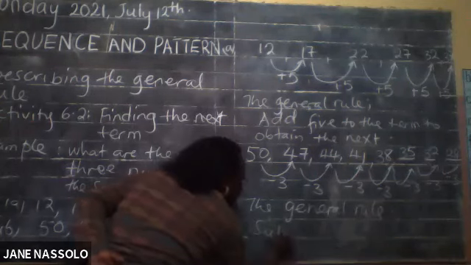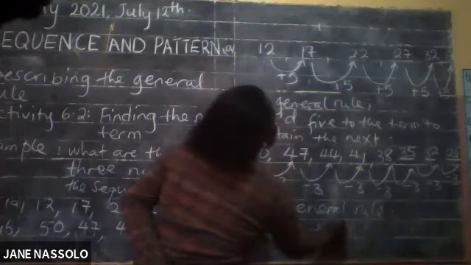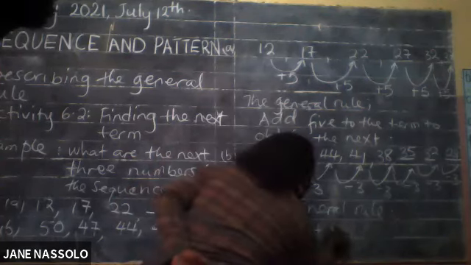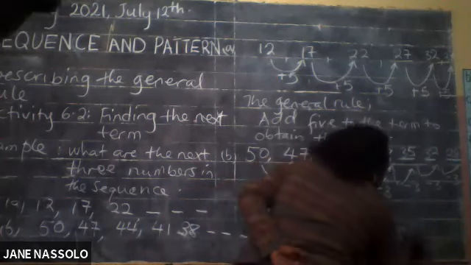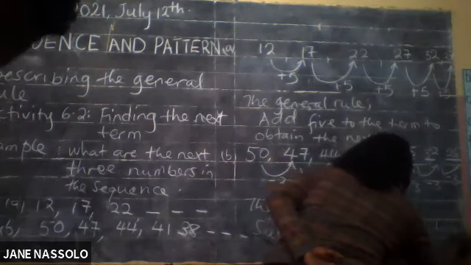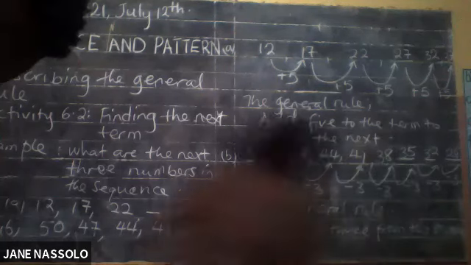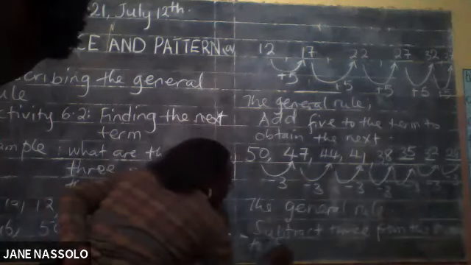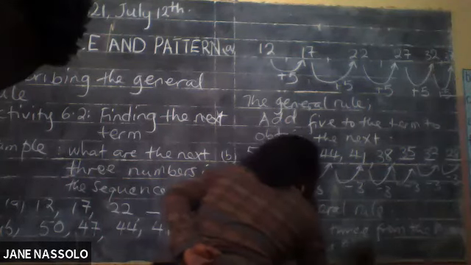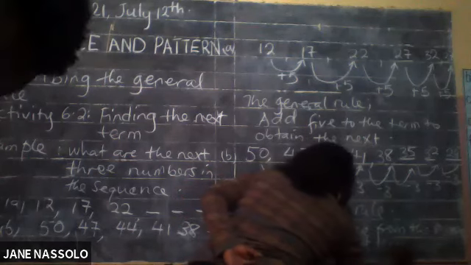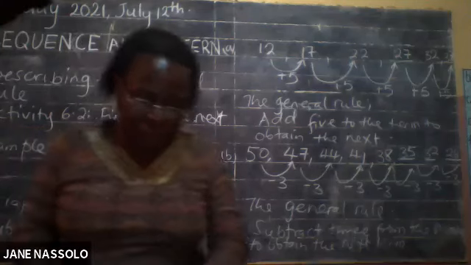Subtract 3 from the term or from the number to obtain the next term. Thank you very much. That was the general rule.